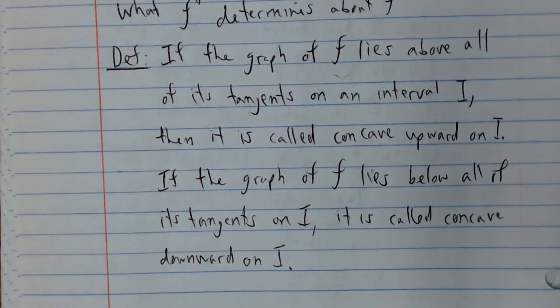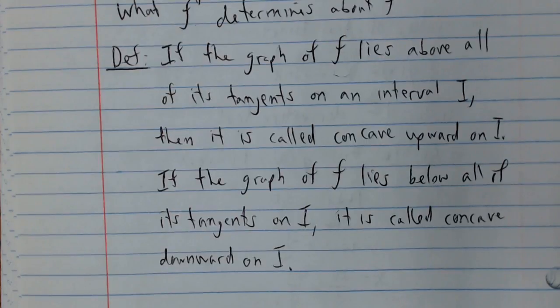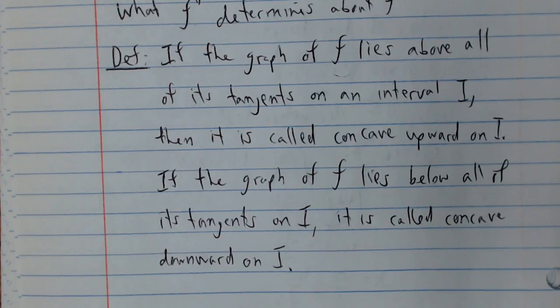Okay, so as you can see, one way of describing it is if my tangents are above the curve, then the curve itself is concave downward. If the tangents are below the curve, then it's concave upward.